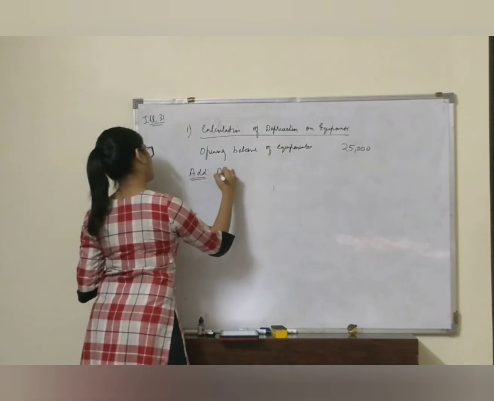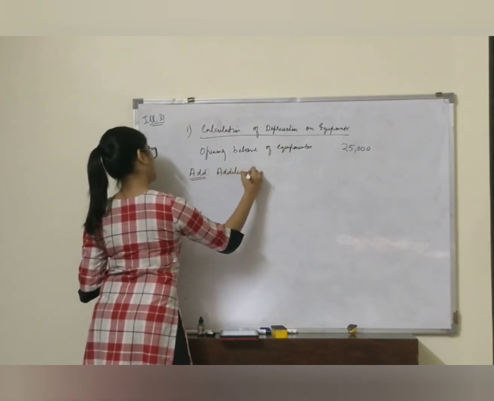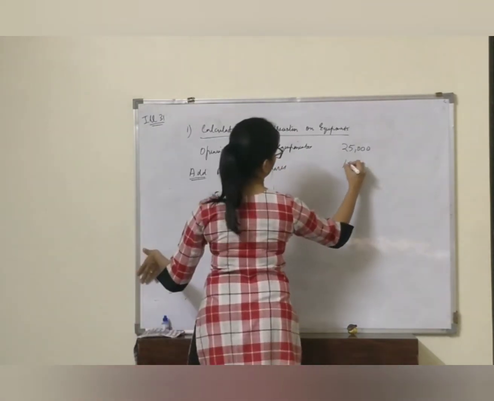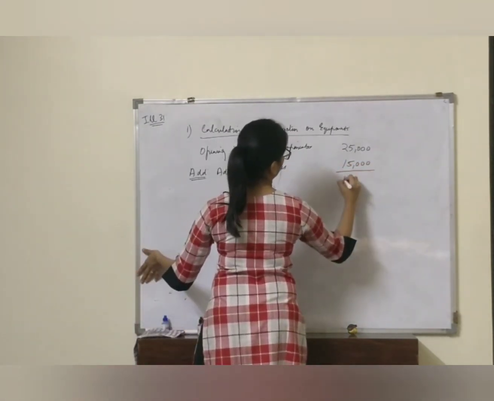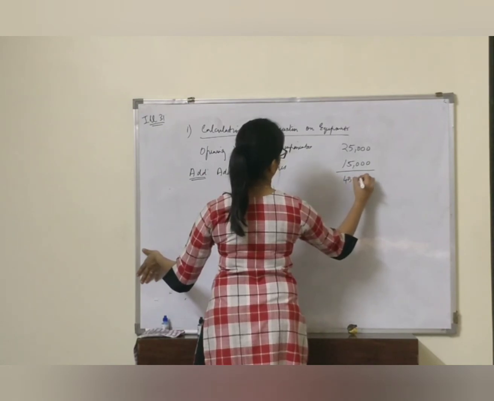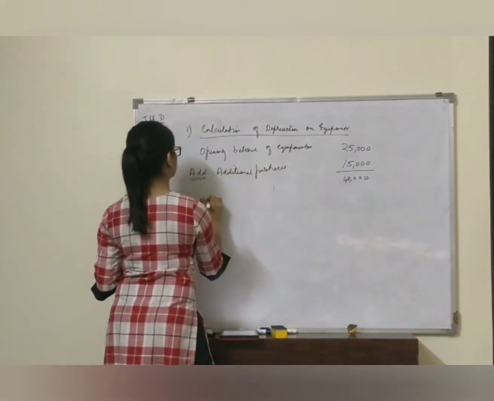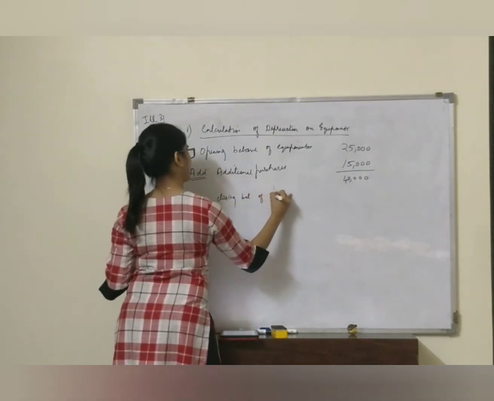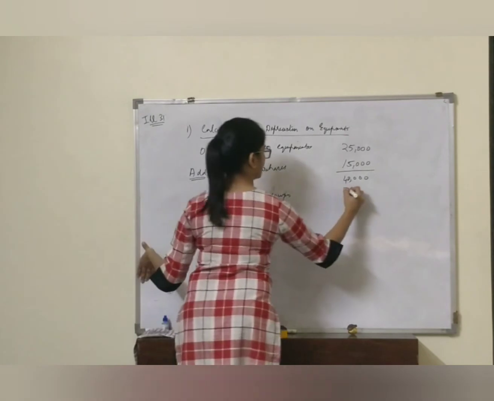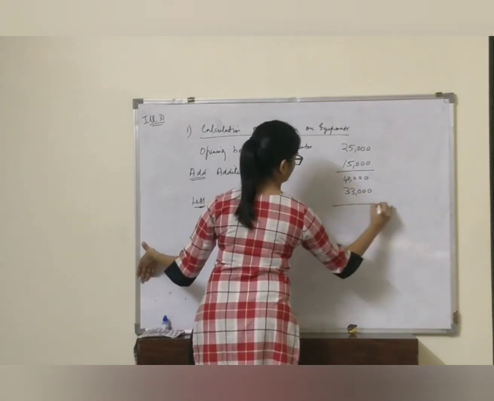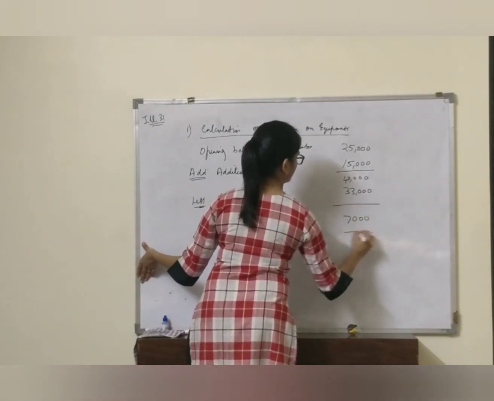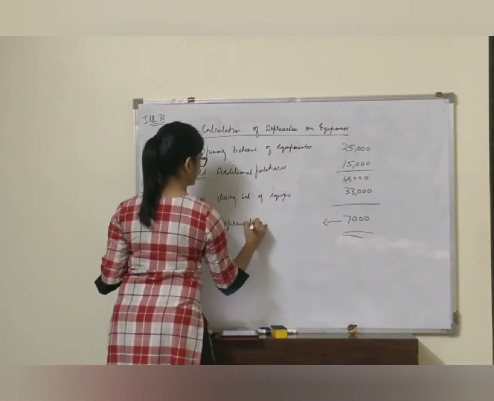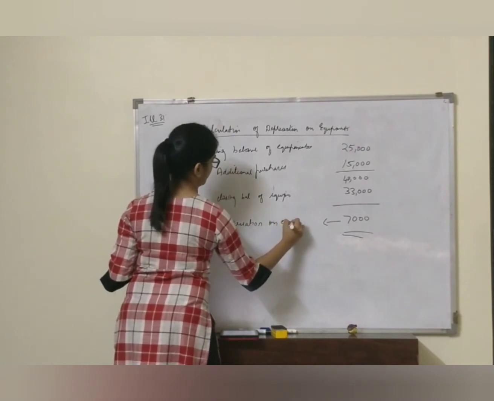Yes. So add additional purchase. How much is it? 15,000. We get 40,000. Deduct closing balance of equipment. It is 33,000. So what answer do we get? 7,000. 7,000 is a depreciation on equipments.